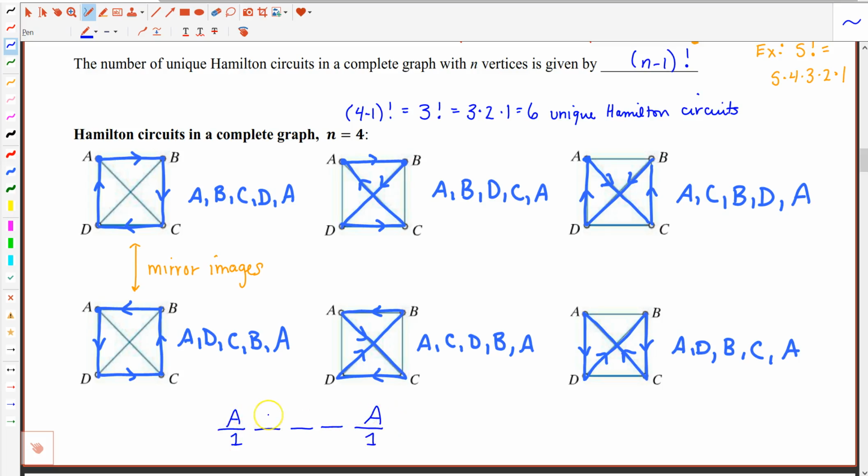For my second vertex, I had choices of either going to B, C, or D, so I had 3 choices there. I would have to pick one of them. Once I chose one of those vertices, I can't come back to it. So for the next vertex, I would only have 2 choices, and then finally 1 choice for that third vertex. Then we can multiply all these numbers together, and there's another way we can get our 6 possible circuits.